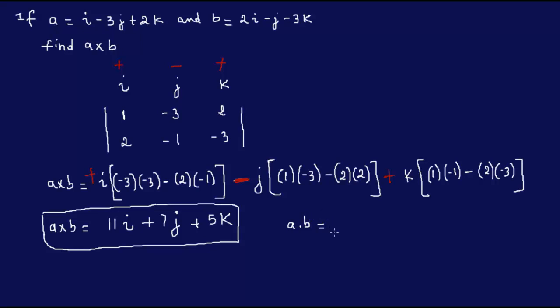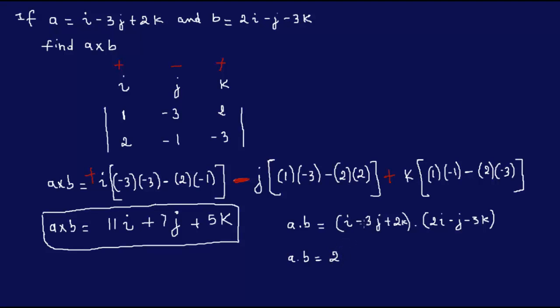So I would have A dot B, which would be 2 times 1 here, that's 2.